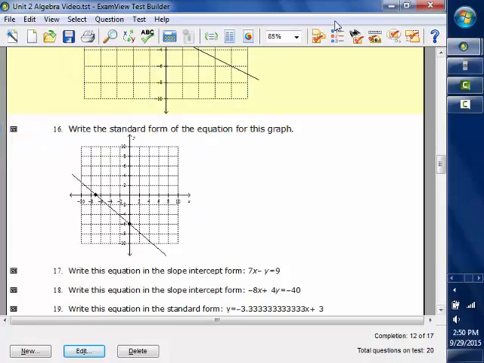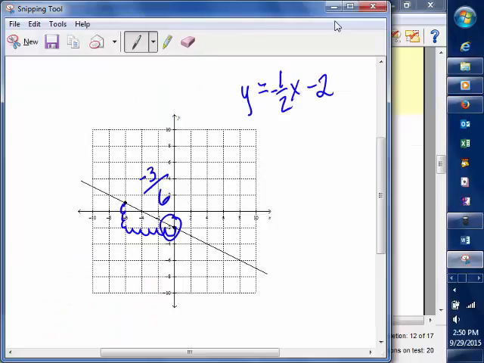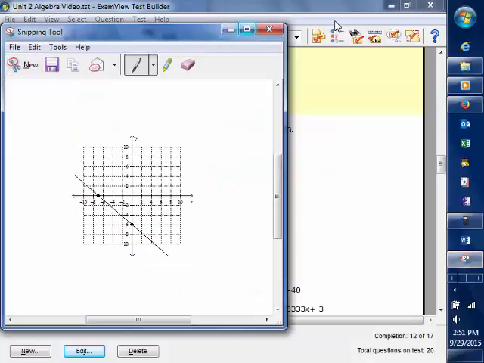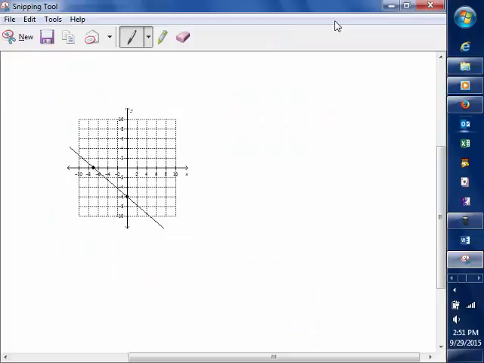Write the standard form of this equation. Okay, so we have x and y. They have to equal 42.